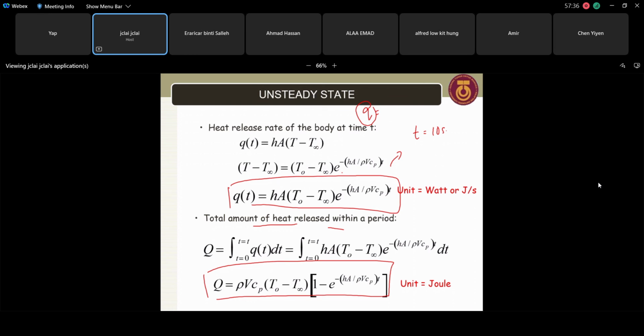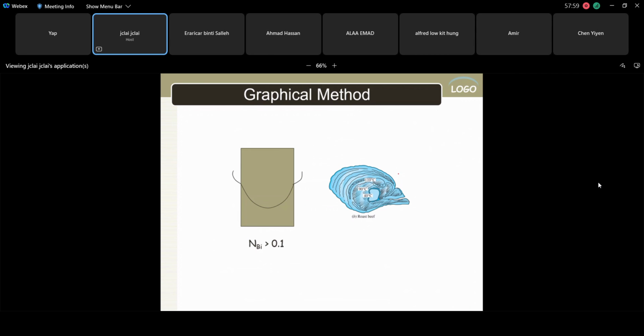But under transient, Q changes over time. So when t equals 10, Q is a certain rate. When t is 1 minute, Q also changes. It is different over time. That's why we call that transient or unsteady state. Okay, so this is the formula you can use.